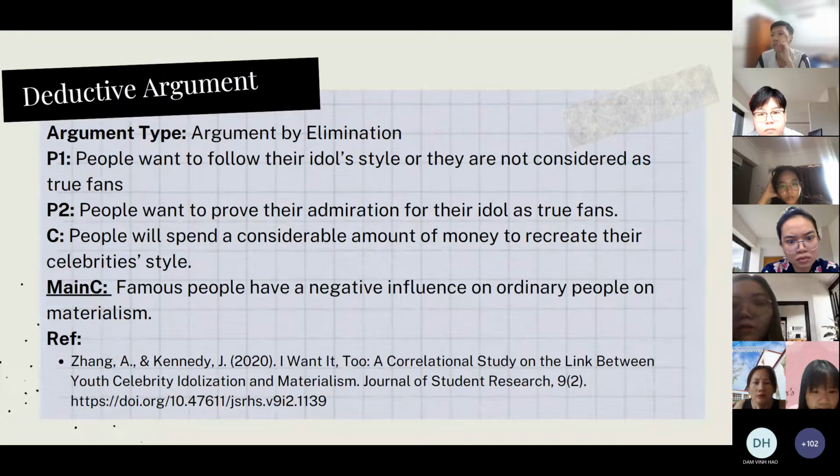Okay, so because they would like to show that they idolize, they want to follow their idols to represent their love. So usually when we use the term true fans, the loose definition of fandom is that you will love what your idol loves.